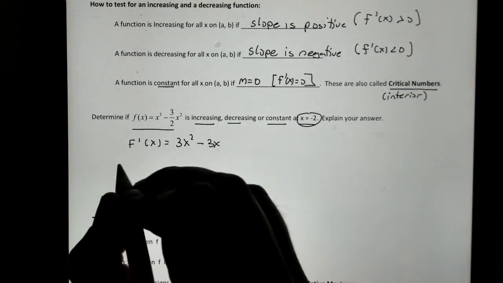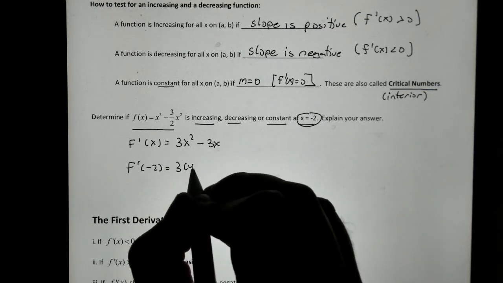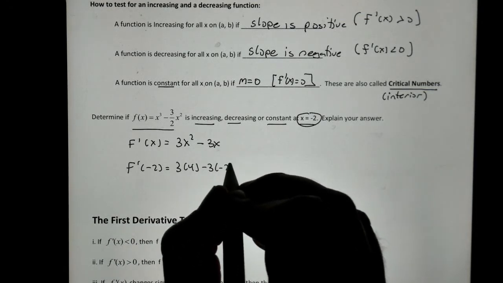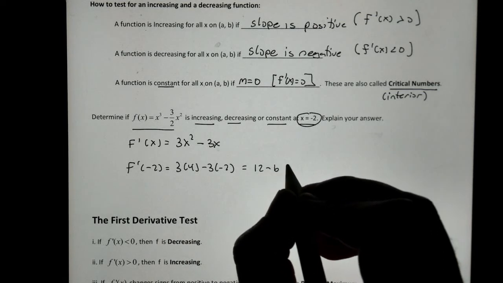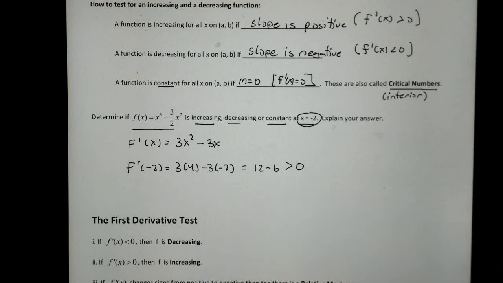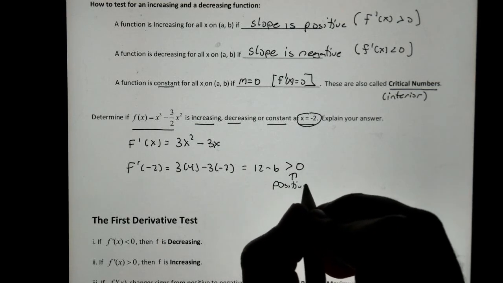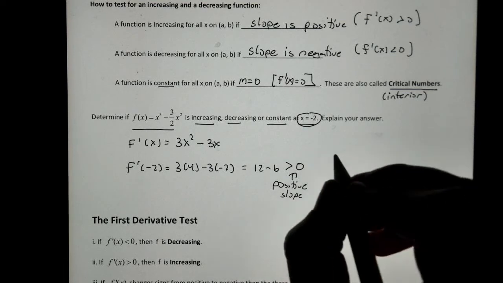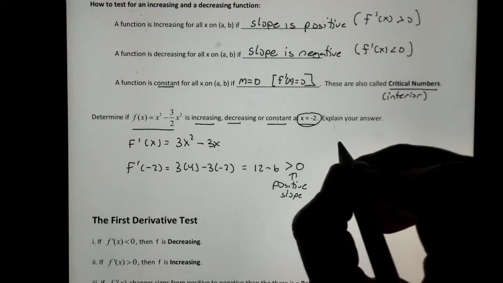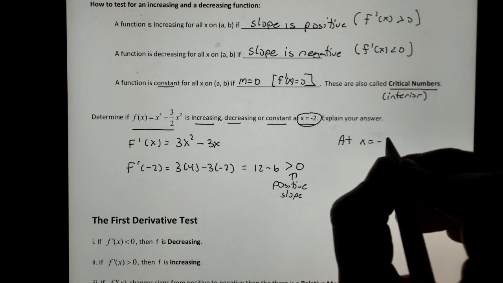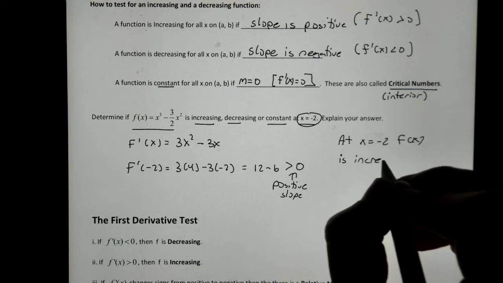If we were to plug in negative 2 into our derivative, this becomes 3 times 4 minus 3 times negative 2, and that's 12 minus 6, which is going to be greater than 0. So what this is saying is that we have a positive slope. And our rule says if we have a positive slope, we know the function is increasing. So we can say at x equals negative 2, f of x is increasing.